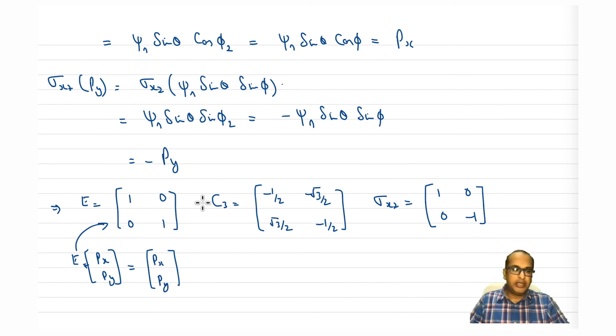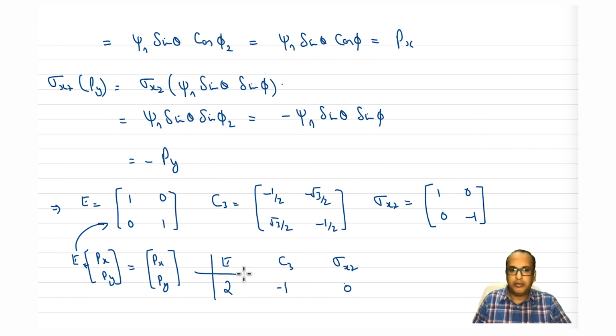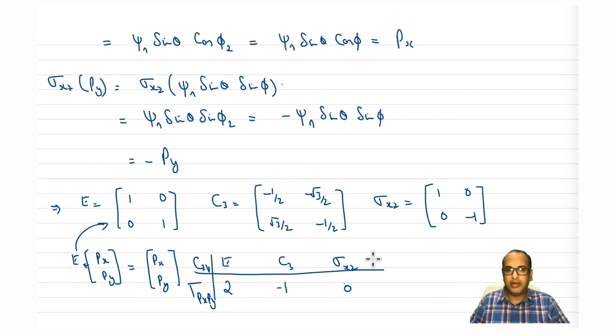So now there is a very important thing which we want to see. If we look at the trace here, this trace over here for E, C3 and sigma xz is nothing but 2, minus 1 and 0, right? So you can say this is tau px py for C3.